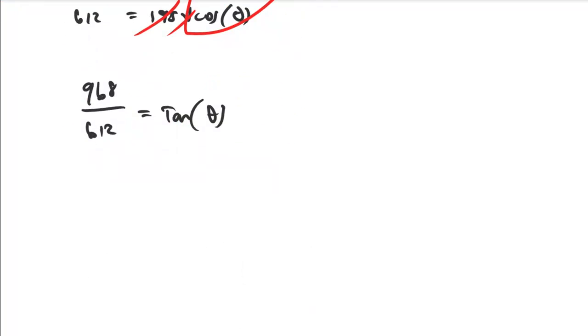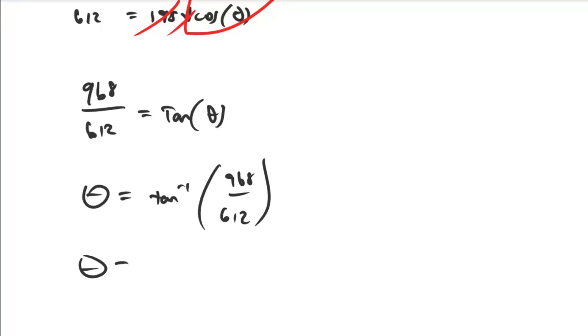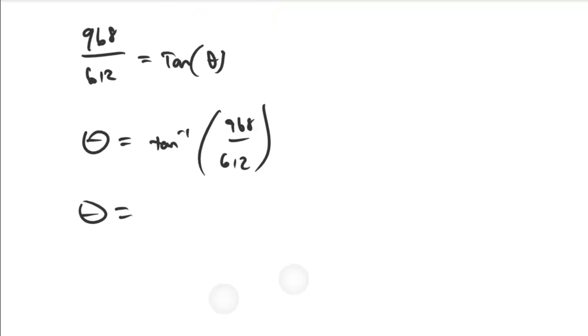And so then the angle theta is the arctan of this 968 over 612. And so theta comes out to 57.7 degrees. So that's our angle there.